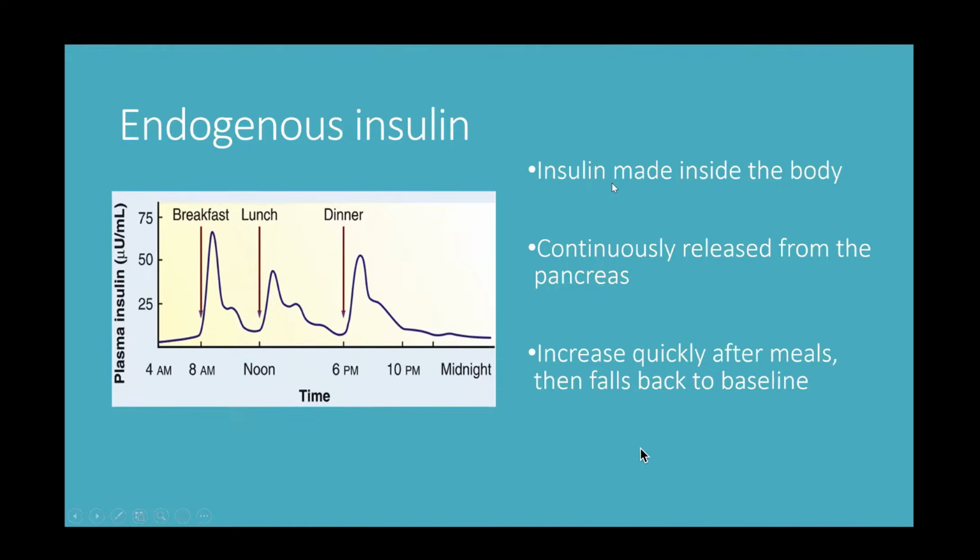So a normal body makes insulin based on when we eat. Enzymes in the gastric system trigger the pancreas to release insulin, and so we see spikes at meal times.